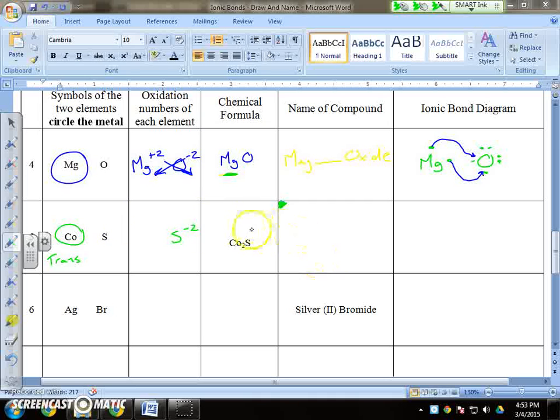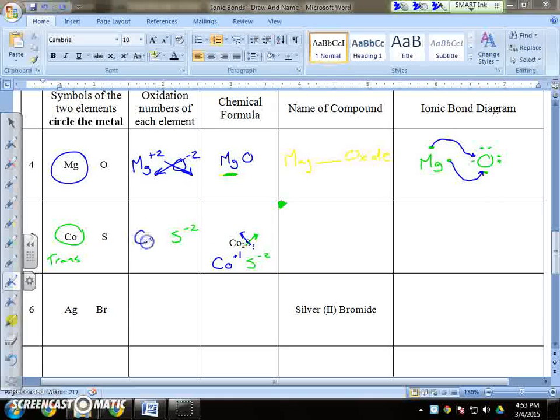And when I go through and look at the chemical formula here, this 2 is going to transfer up here so that I do have an S-2. The problem is I need to figure out this invisible 1 right here is going to transfer up to the top of the cobalt. So I will end up with a Co +1, because that invisible 1 transferred up.